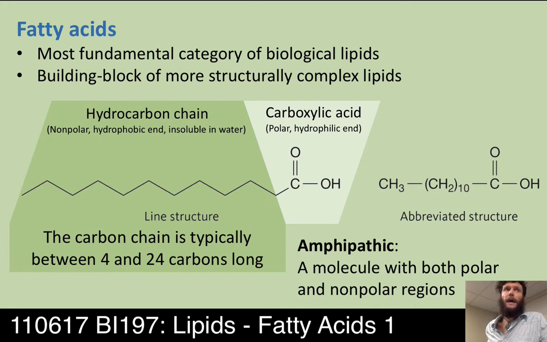There's a subscript 10 because that happens to be the fatty acid that I have on the board. Then there's the carboxylic acid group on the end. That subscript 10 could easily be changed to an n to represent the general formula for a fatty acid. So a methyl group on the end, a long chain of CH2 groups, and then an acid on the end.